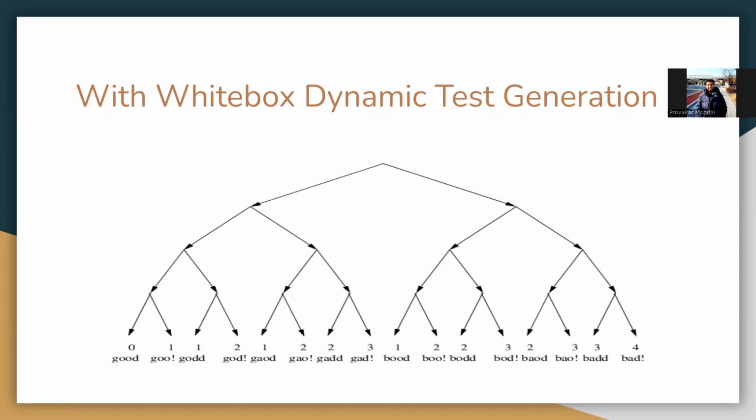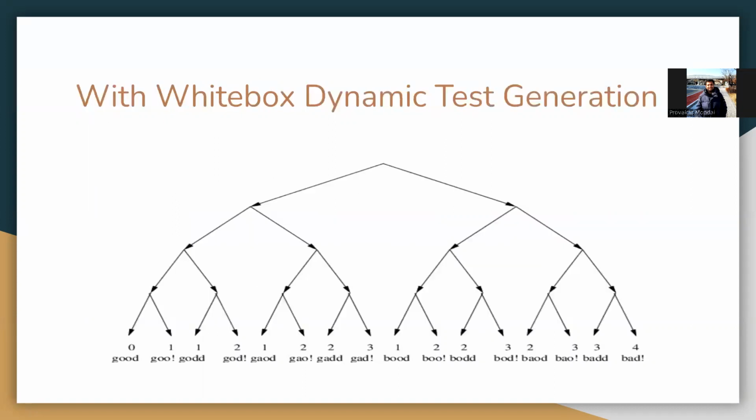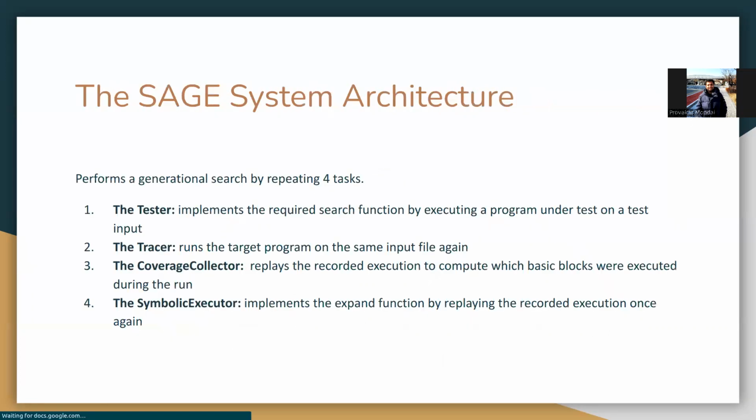So with the existing approach, the possibility of hitting the error is very low, but with this tree structure, we can see that if whitebox dynamic test generation is used, then within 16 runs it is possible to hit the error.